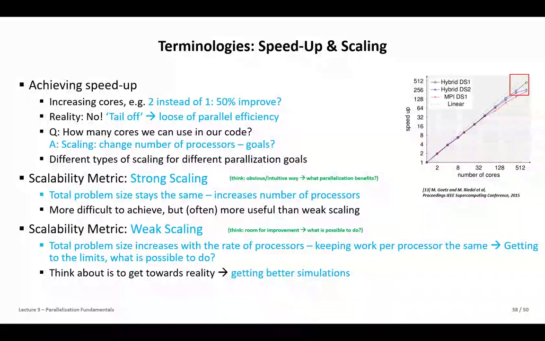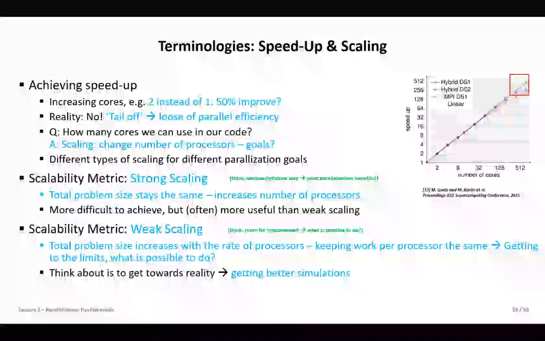We keep the work per processor the same, we scale up: more processors, more work, more processors. So we keep them busy and see what's possible. You could see it's similar to the idea of having more and more detail in the application. This is also the way towards getting better simulations, towards reality, more granularity, and so on.